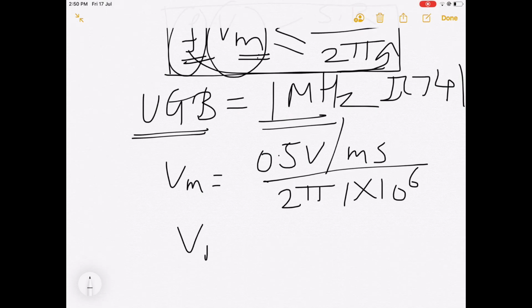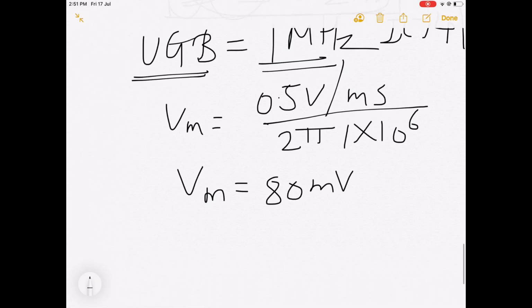So what is Vm here? Vm will be 80 millivolts.